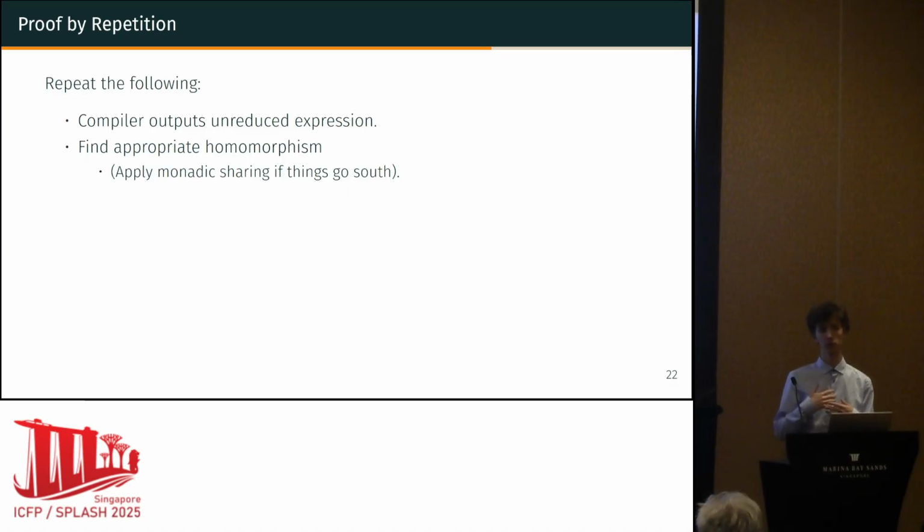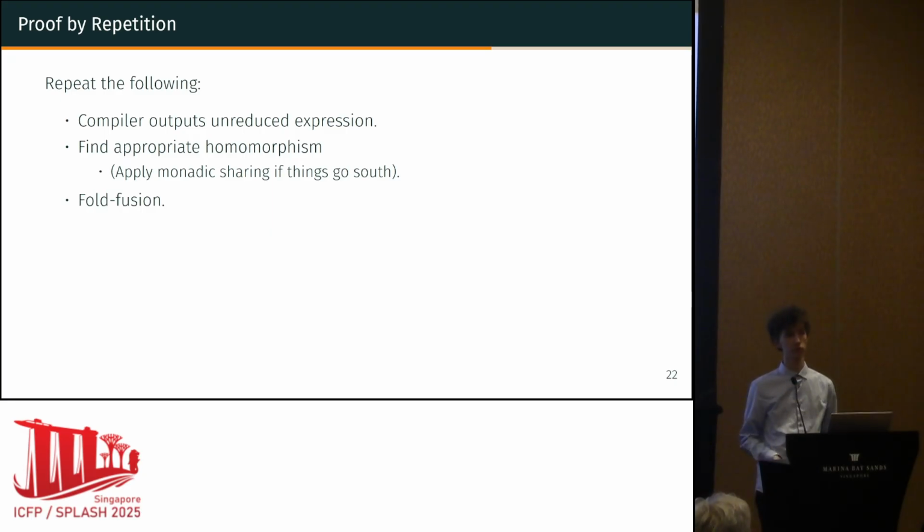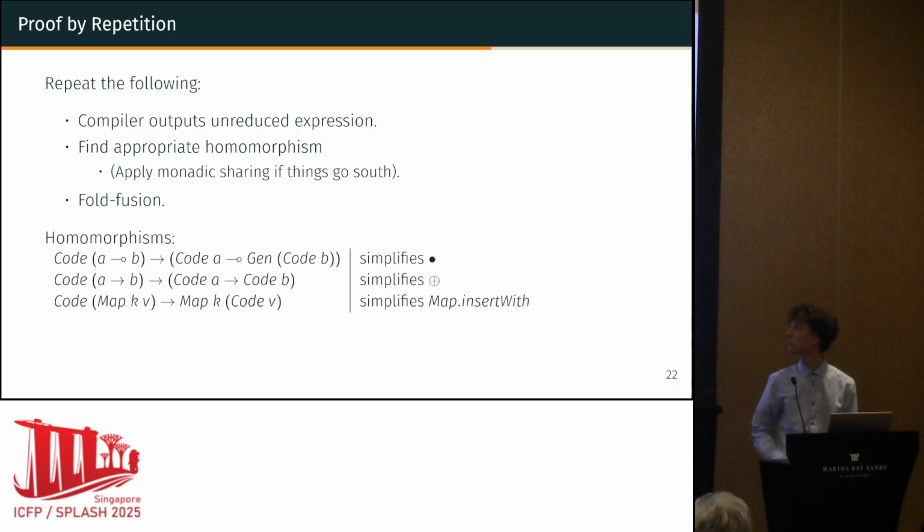When this seems to cause a mess, we'll apply monadic sharing once more. And then we can just fuse this homomorphism to get the next slightly better compiler. And I'll do this a couple of times over, but I'll spare you the details because the paper gives you those.